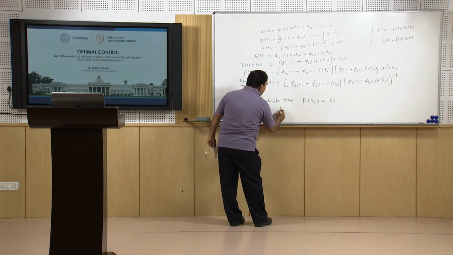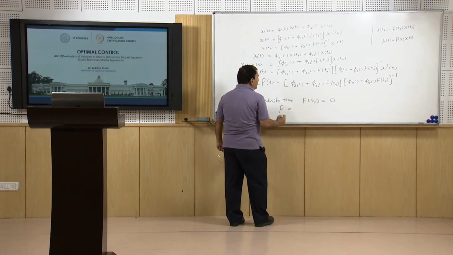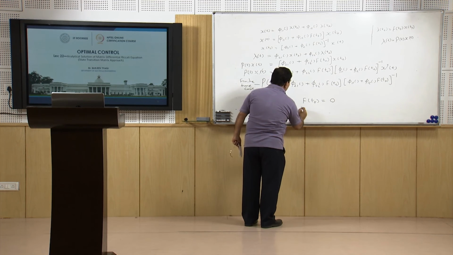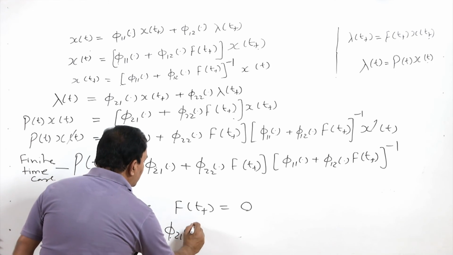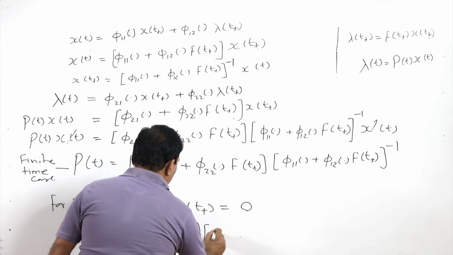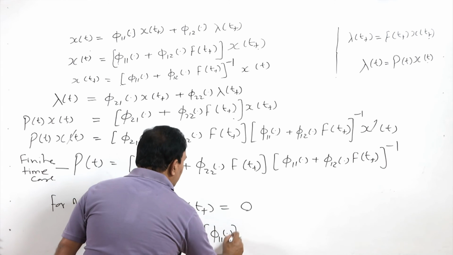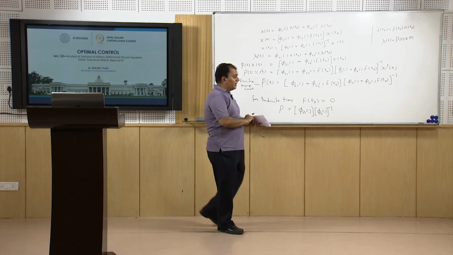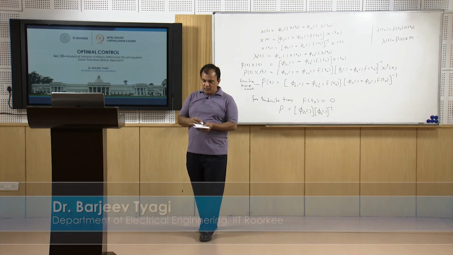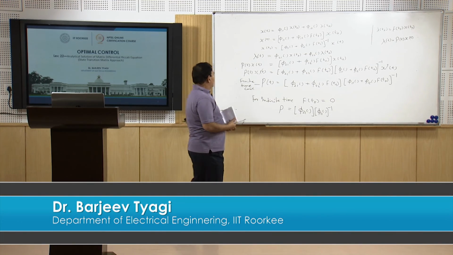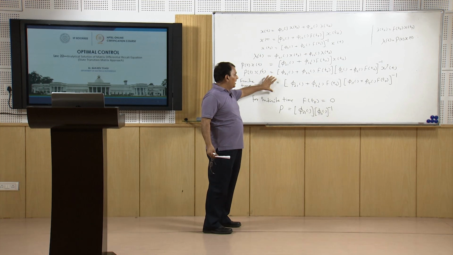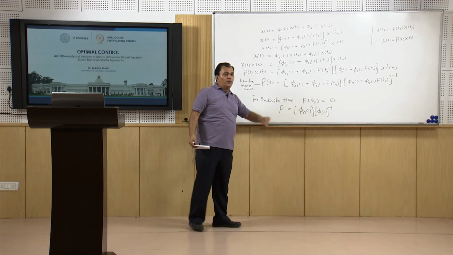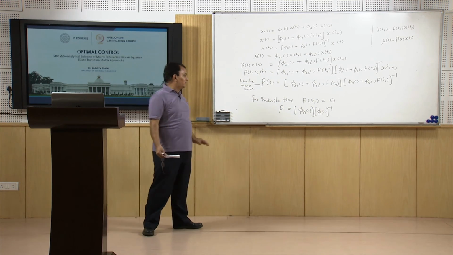So for infinite time, my P is nothing but phi 21 phi 11 inverse. So this is another approach by which we can find the Riccati coefficient matrix P(t) for the time varying case, or the finite time regulator case, and P for the infinite time regulator case.